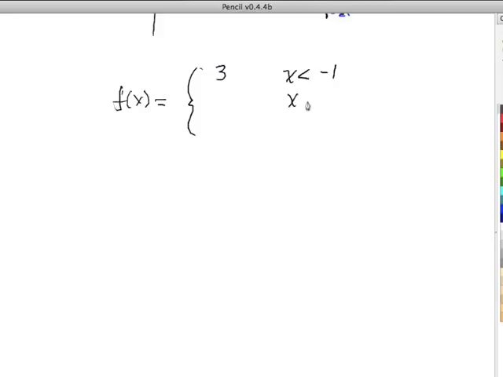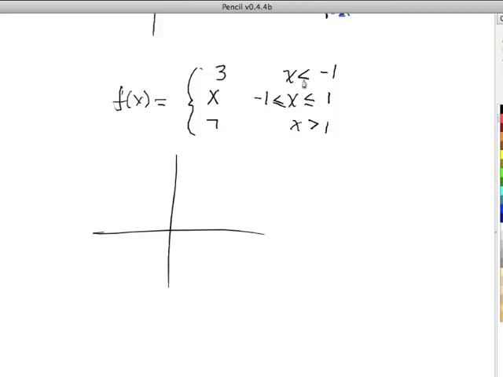If x is between -1 and 1 inclusive, it's equal to x. And if x is greater than 1, let's say it's 7. A lot of the exercises are like this.